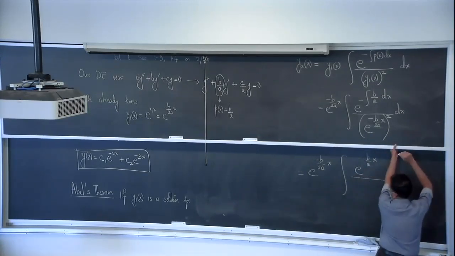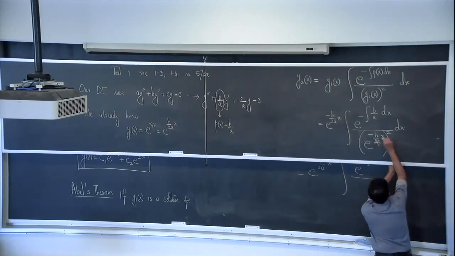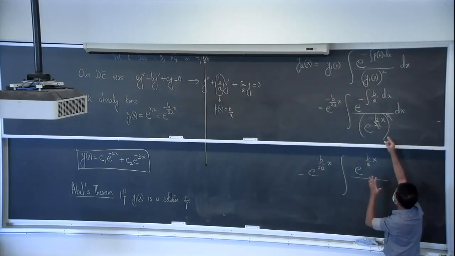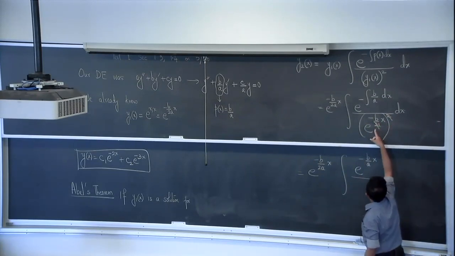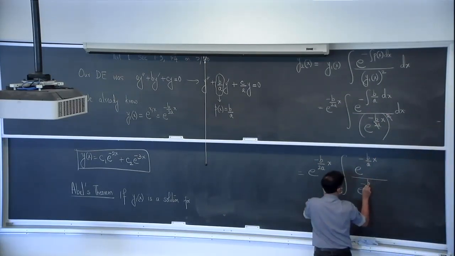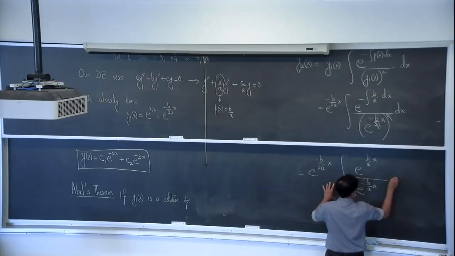Now this one, I know it looks complicated, but all you have to do is cancel these twos. The square is to the power of 1/2, so this 2 and that 2 cancel out, and you get e to the power of negative b over a times x in the denominator, dx.